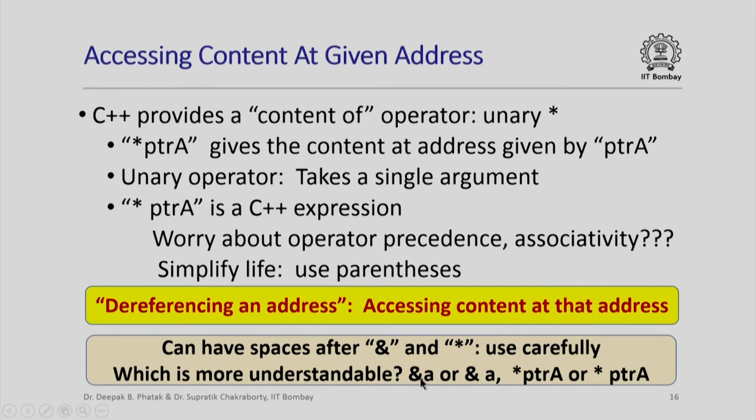Basically I could write ampersand A or ampersand space A, star pointer A or star space pointer A. Now we should use these spaces carefully to make our program more understandable, more readable. So if in the program context putting a space makes it more readable, feel free to use it. If not putting the space makes the meaning of the program more clear, it is okay not to use that space.